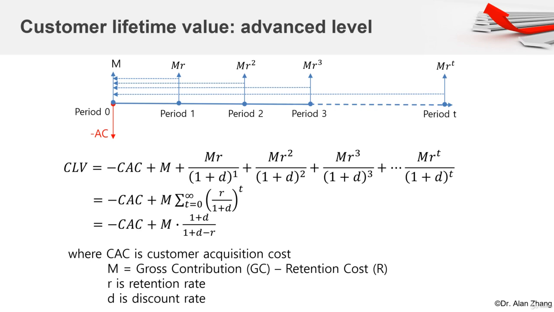So selecting the best acquisition channel becomes very important. Second, increase customers' contribution margin, which depends on how much customers spend and how much the business spends on retention. Business can use cross-sell or upsell to increase customer spending, and also optimize the spending on customer retention.